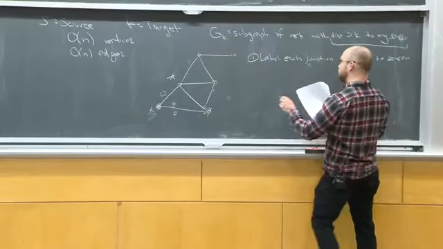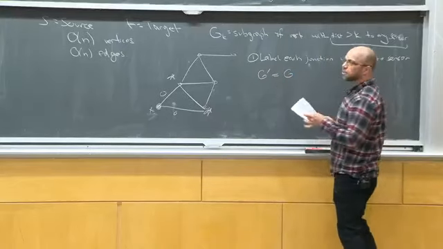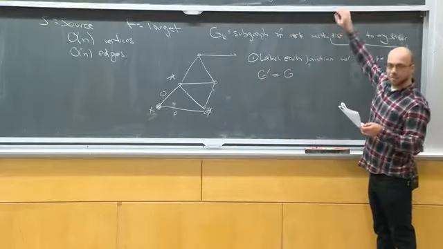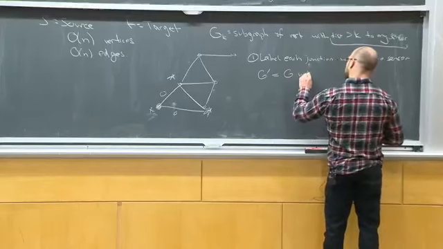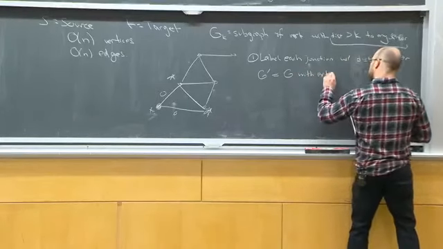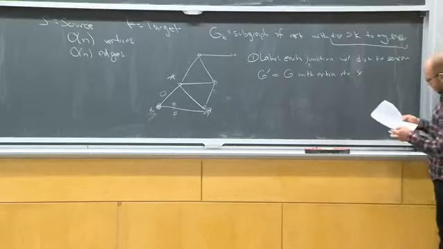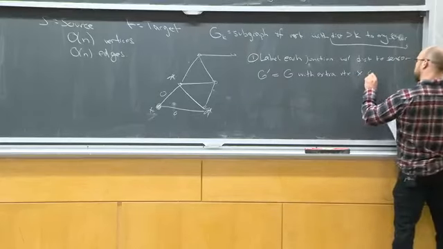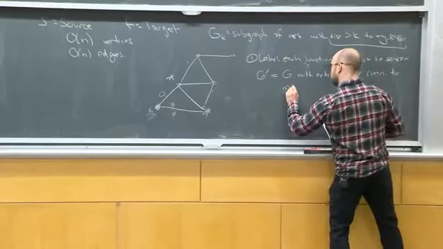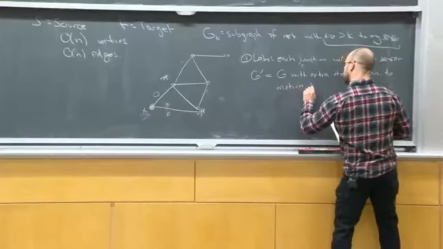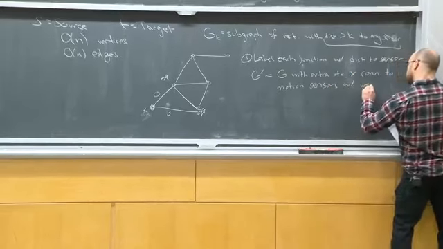I'm going to make a new graph, G prime, which is equal to my original graph G, coming from the pipe network, with one extra vertex, which we're going to call X, which is connected to every motion sensor with weight 0.